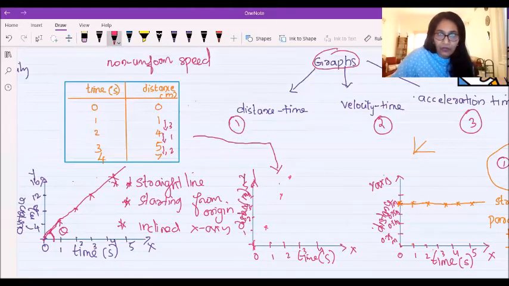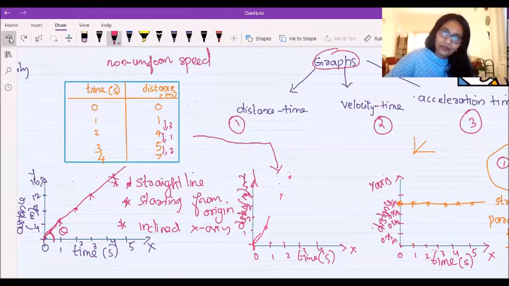When you are drawing the graph, this one is not a straight line. Okay, so you can do a free hand drawing like this. It will come almost like a curve. The graph is not coming well. I'm very poor at drawing.